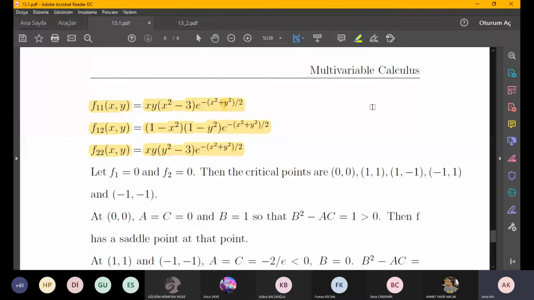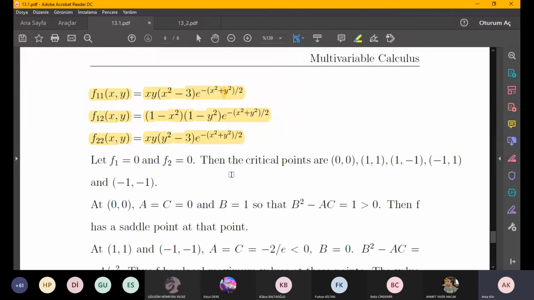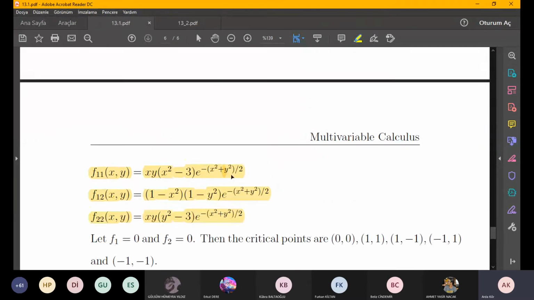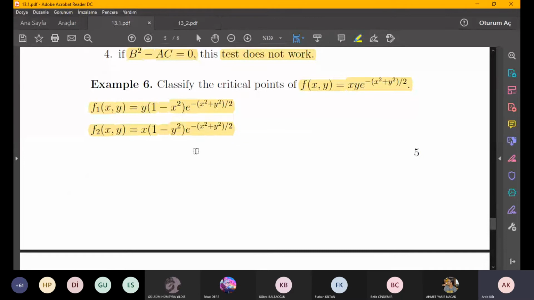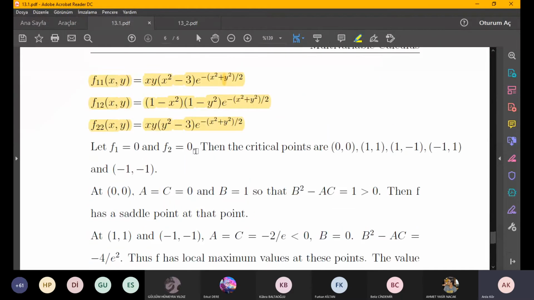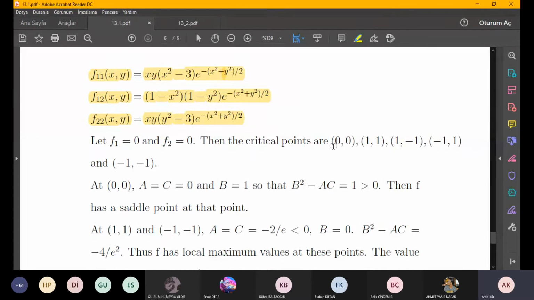So the gradient, sorry, those are the components of the gradient vector of f, which are f1(x,y) and f2(x,y), and those two are both 0 when (x,y) is (0,0), (1,1), (1,-1), and also (-1,1) and (-1,-1).